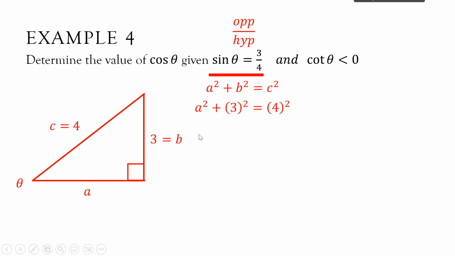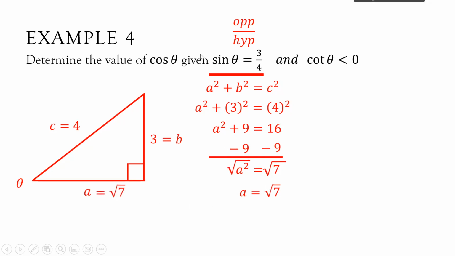Now I'm going to clean this up. 3 squared is 9. 4 squared, I get 16. If I want to solve for a, I should subtract 9 from the left and from the right, giving me a squared is equal to 7. Then I can take the square root, giving me a is equal to the square root of 7. So I'm going to fill that into my triangle.